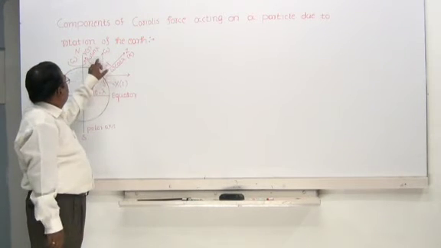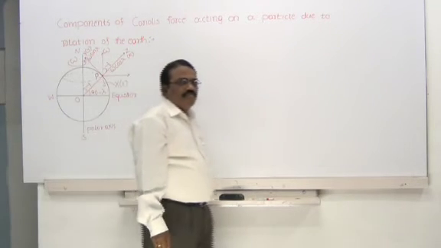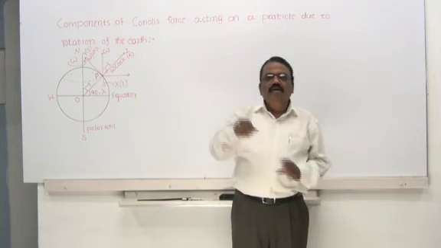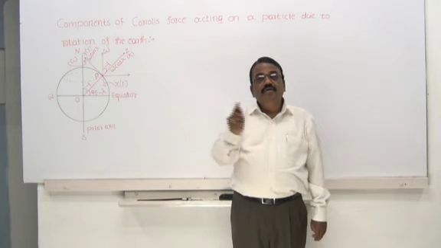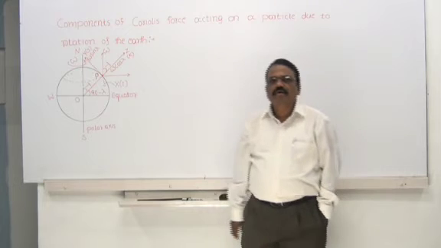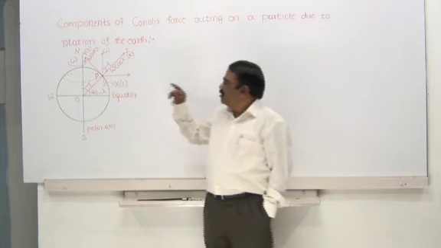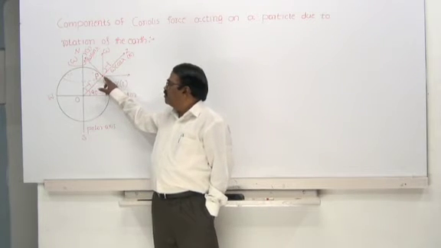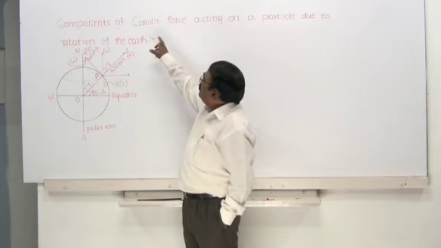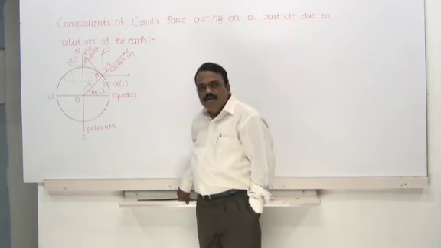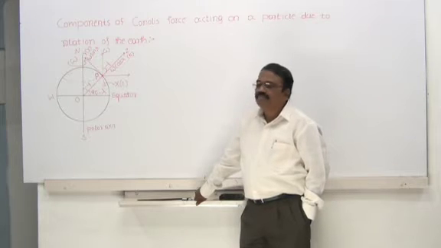If omega is the angular velocity of the Earth, all particles lying on the surface of the Earth also move with the same angular velocity. If a particle P is placed on the surface of the Earth, what are the different components of Coriolis force acting on the particle? That we have to calculate.